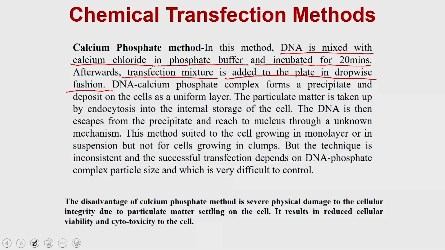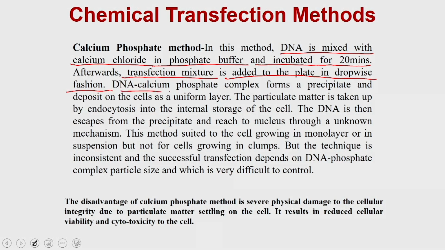So, what will happen is the calcium chloride in the phosphate buffer is going to generate calcium phosphate, and these calcium phosphates are going to make a complex with DNA, and when you spread this transfection mixture drop wise onto the cells, this complex is going to settle down onto the cells.